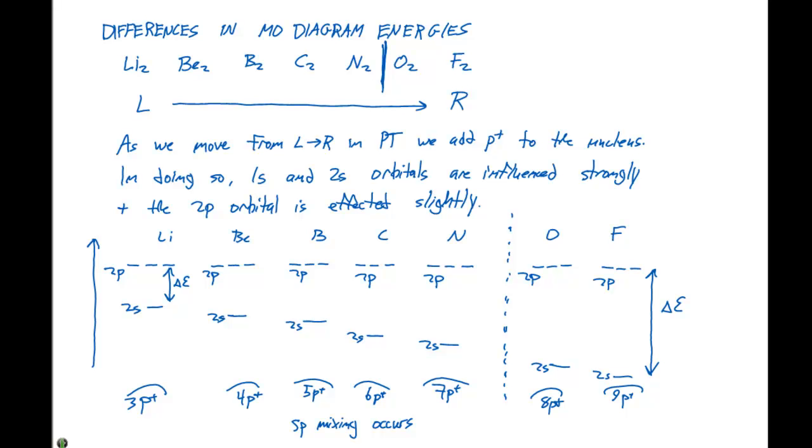On the right-hand side, we have no sp mixing because the energy differences of the s and p are too large. So we aren't going to see any type of mixing occur over here on the right-hand side, and this is going to influence our molecular orbital diagrams.